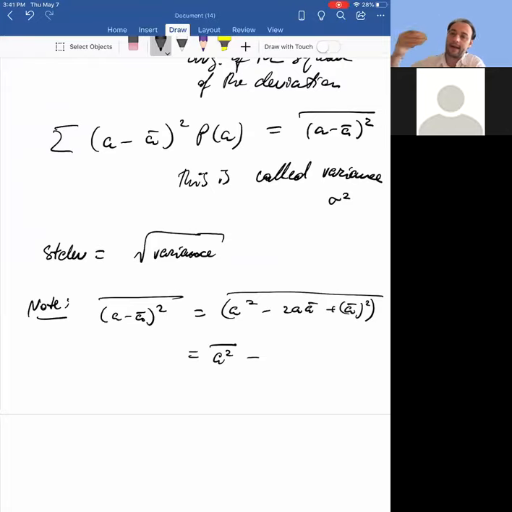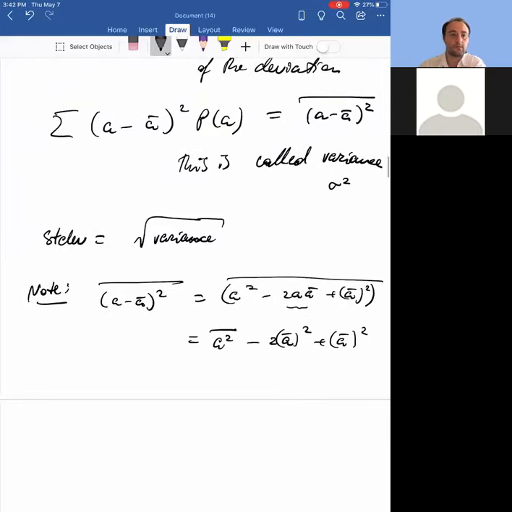So if you were to compute the average of this kind of a product, the a bar goes outside the sum. And so you will find that this is a bar quantity squared plus a bar quantity squared. And so this comes out to be a squared bar minus a bar quantity squared.